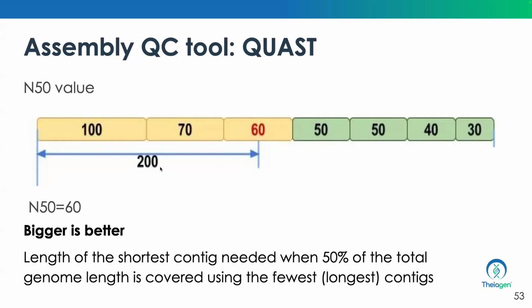And if you arrange these contigs from the longest to the shortest, it means that your N50 is this contig that is 60 bases in length. So the bigger the N50 value, the better, because it gives you an idea of the shortest contig needed to make 50% of the total genome length.